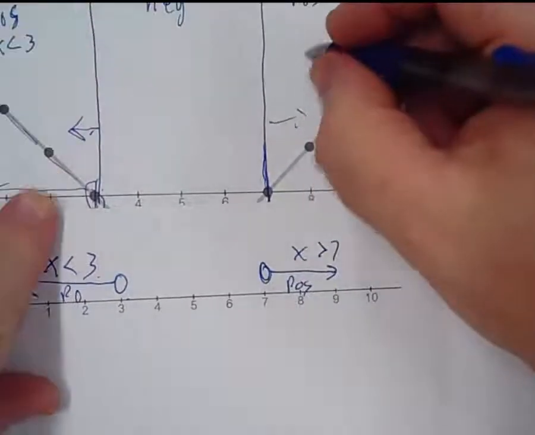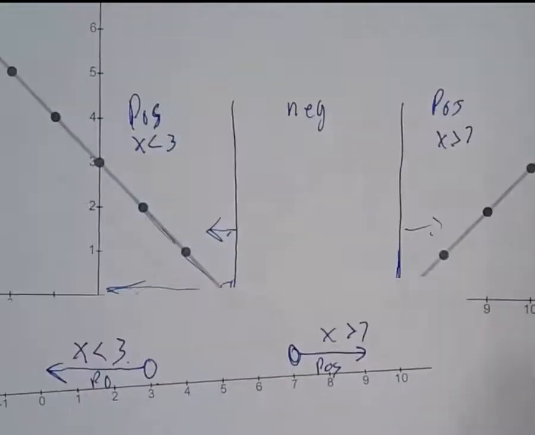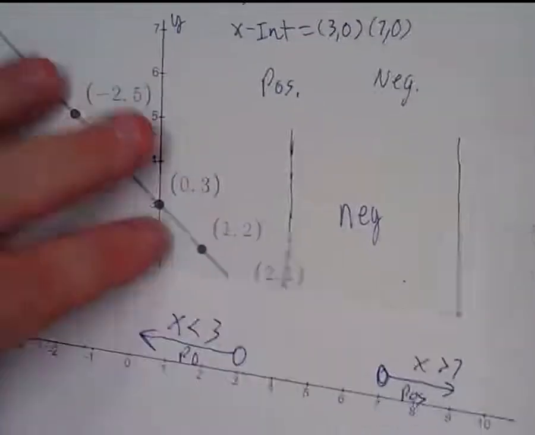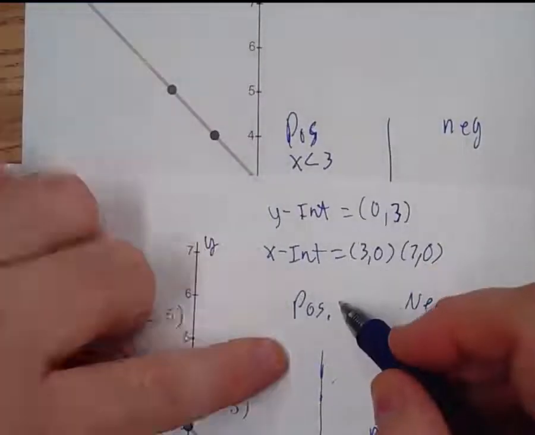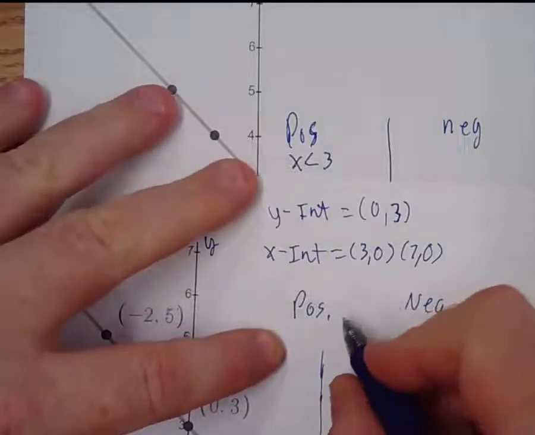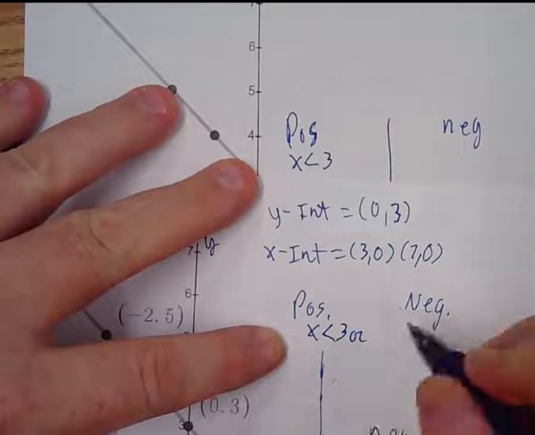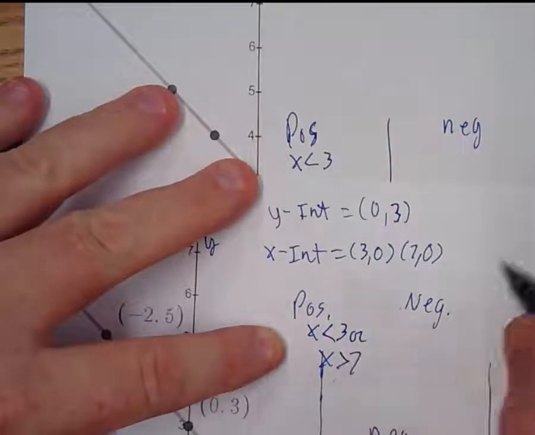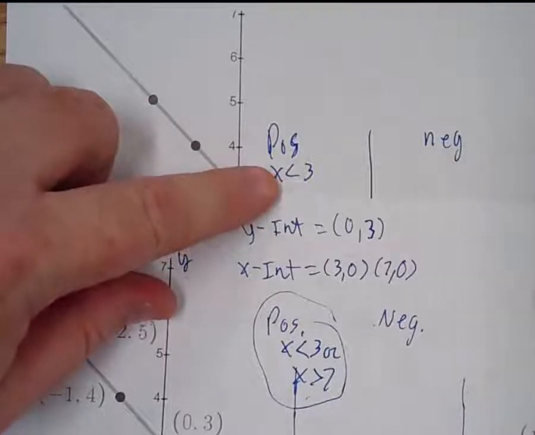So where's my graph positive? My graph is positive when x is less than 3 or x is greater than 7, and this is where they're positive because we broke them up here and we broke them up there.